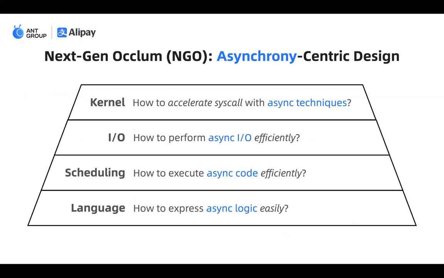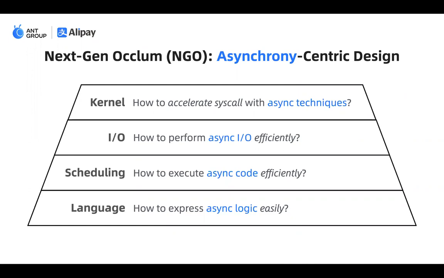They're the language level, where we need to answer how we can express async logic easily; at the scheduling level, we need to find a way to execute async code efficiently; on the I/O level, we need to figure out how to perform async I/O efficiently; and finally at the kernel level, we need to fulfill our ultimate goal of accelerating the system calls.